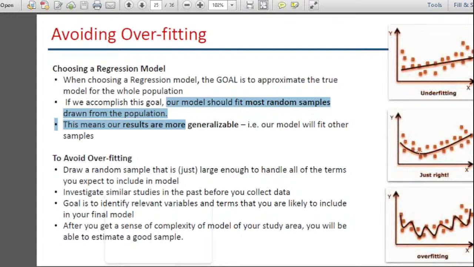It will show the trend. That is why a regression line is also called a trend line, right? It shows a trend, and of course it will have some errors on one side, some errors on the other side. This means our results are more generalizable. Our model will fit other samples. Our model is ready to be used or deployed on unknown, new, or fresh data that comes up. Clear?